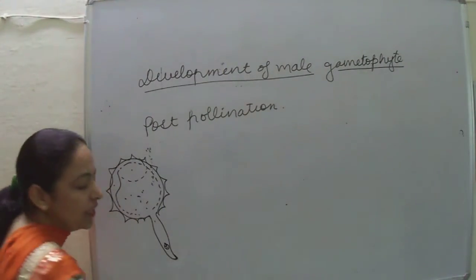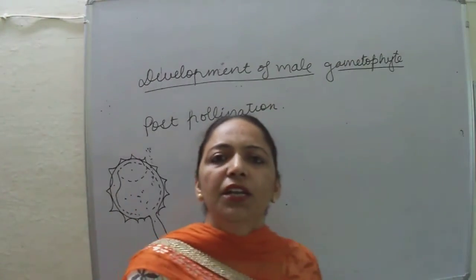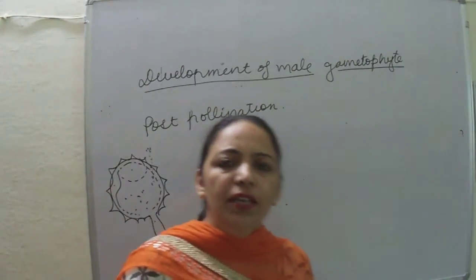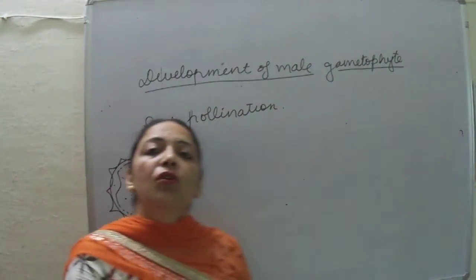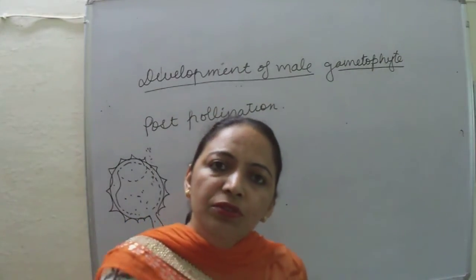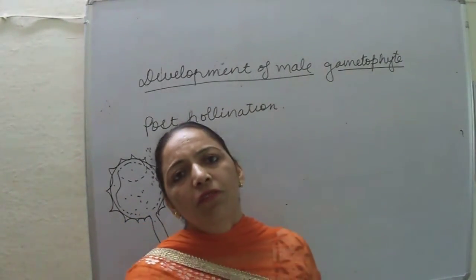This pollen tube secretes some chemical substances that give a way for the movement up to the ovule through the style of the female flower.